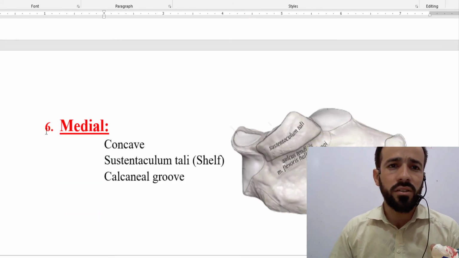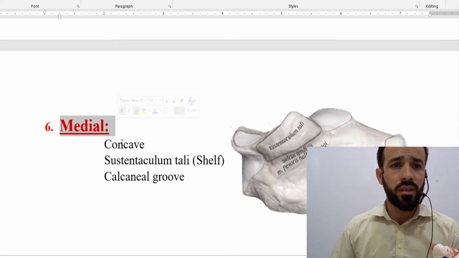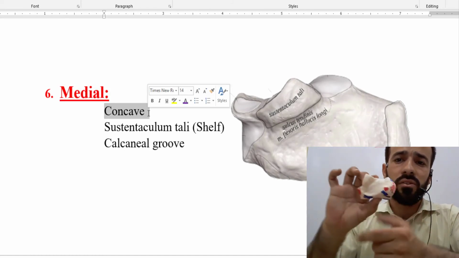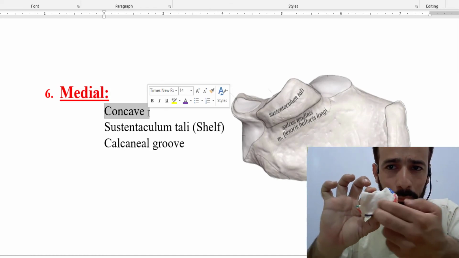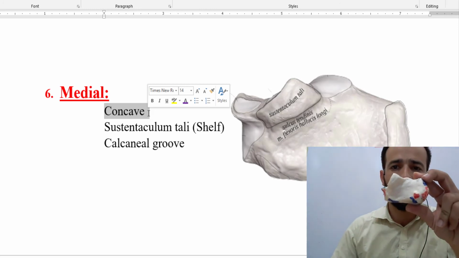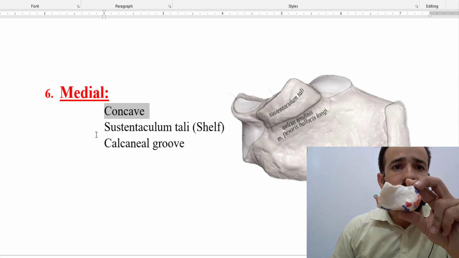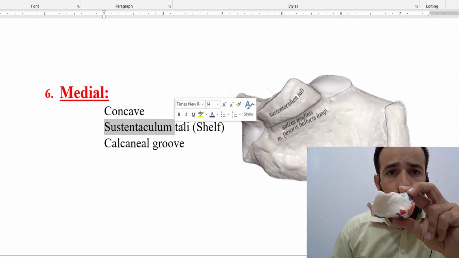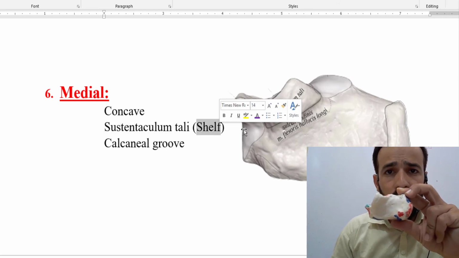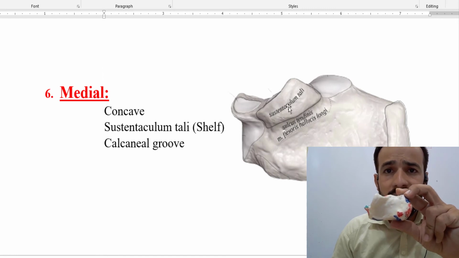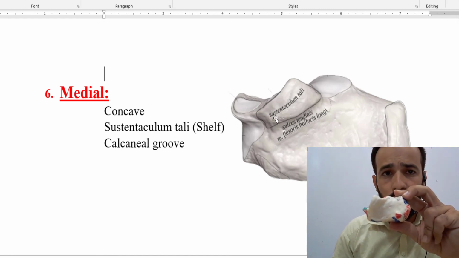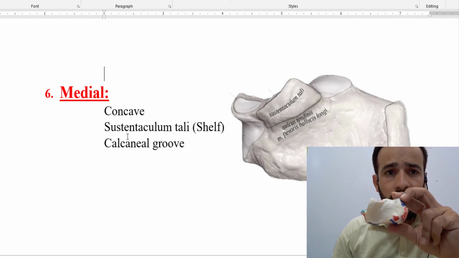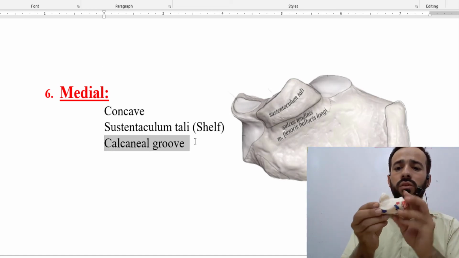Next, there is the medial surface. The medial surface is concave. We know here is the depressed part. It contains the sustentaculum tali, or we call it the shelf. So look carefully.